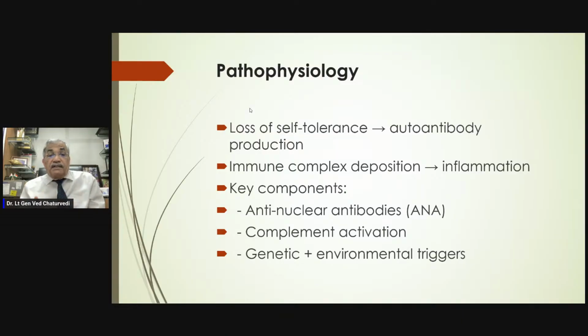So the body starts producing antibodies against its own components, like against the cell, against the nucleus. If the antibody is against the nucleus, it is called anti-nuclear antibody. That causes complement activation, and some genetic and environmental factors are also present.